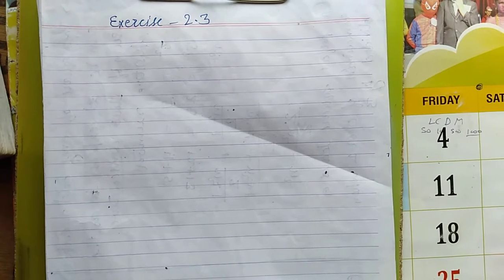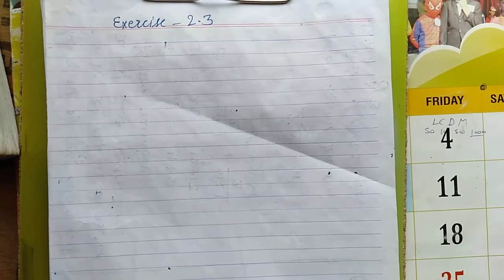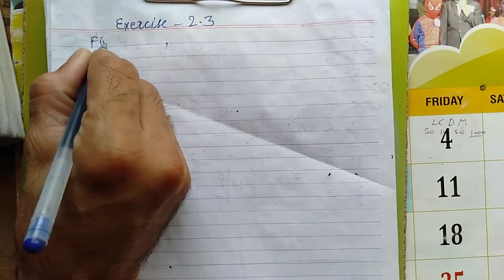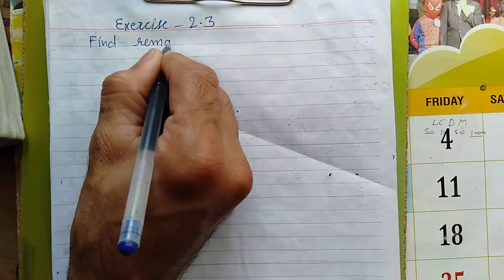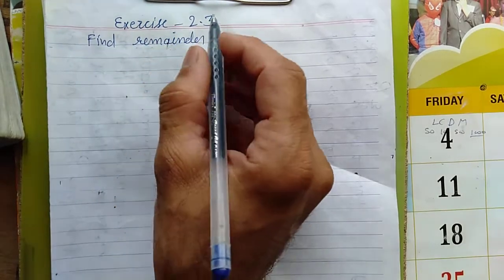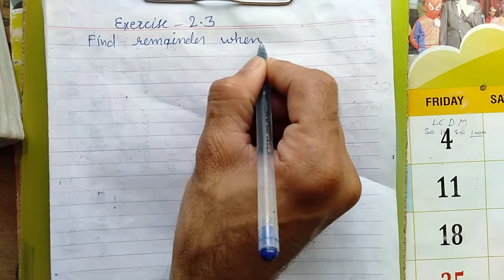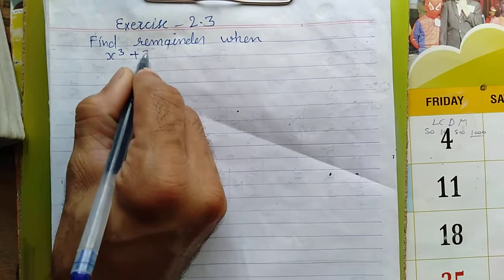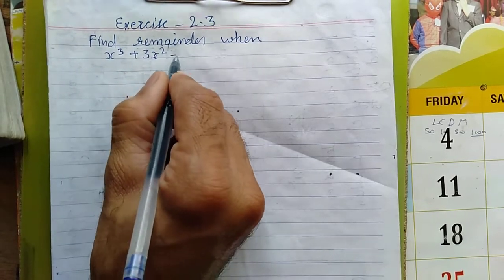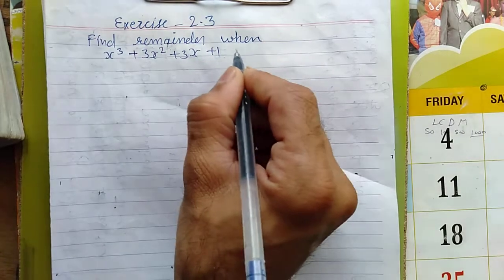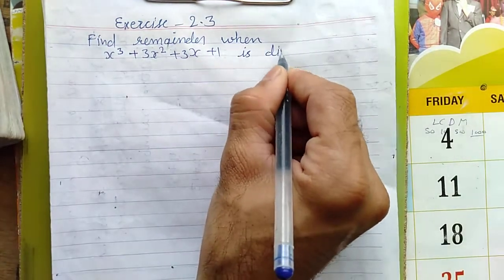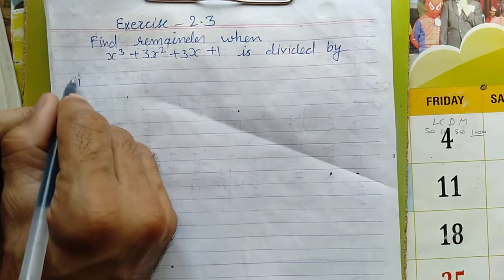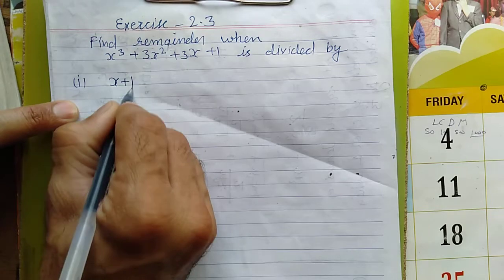The first question is, as I have shown you already, find the remainder when x cube plus 3x square plus 3x plus 1 is divided by, here the first question is given, x plus 1.